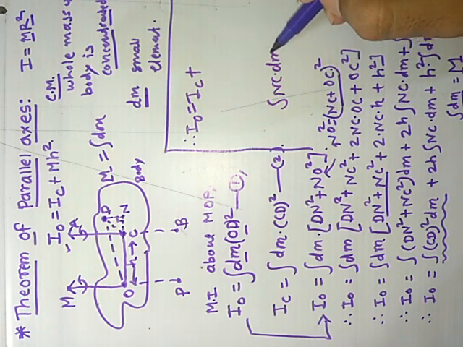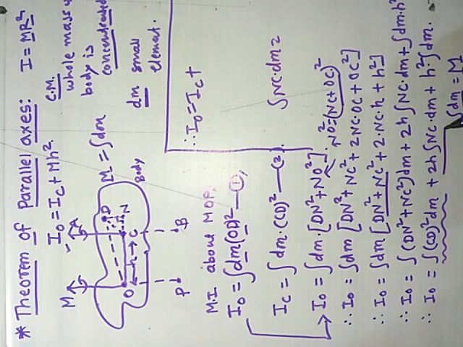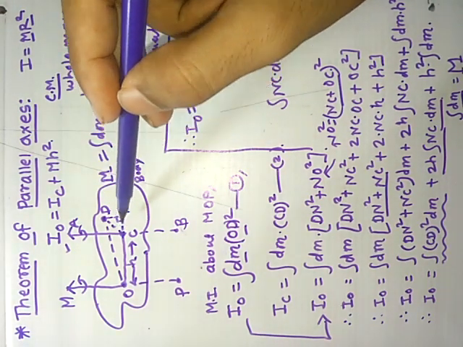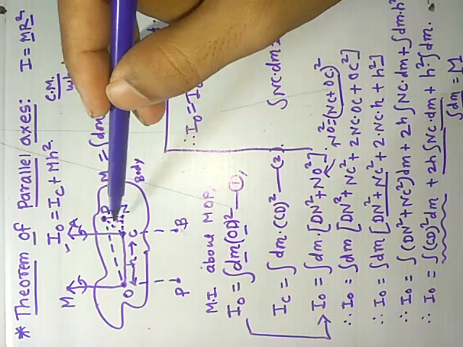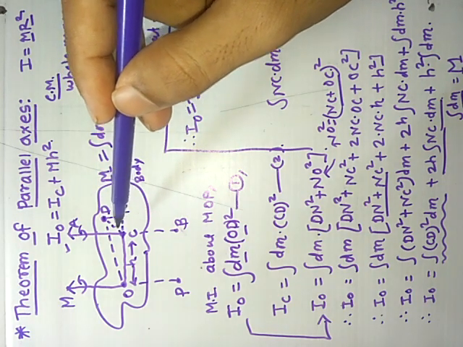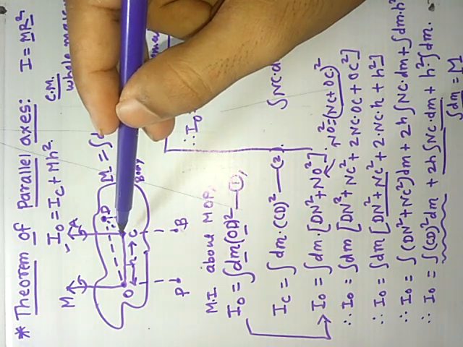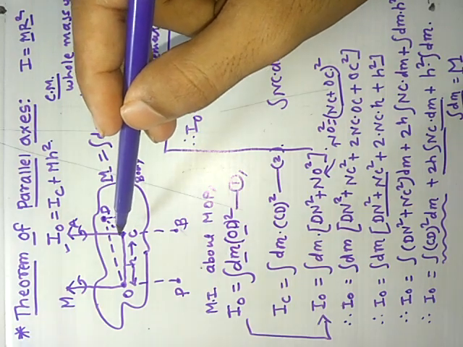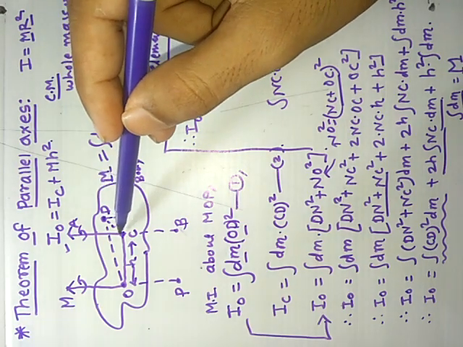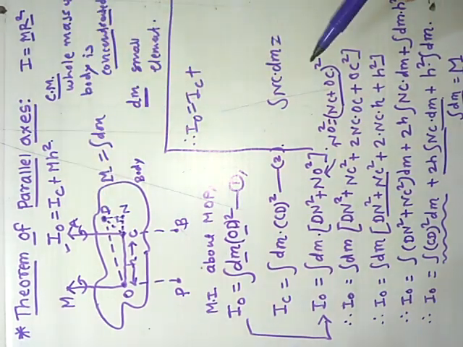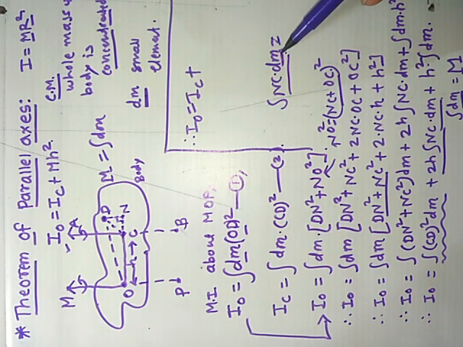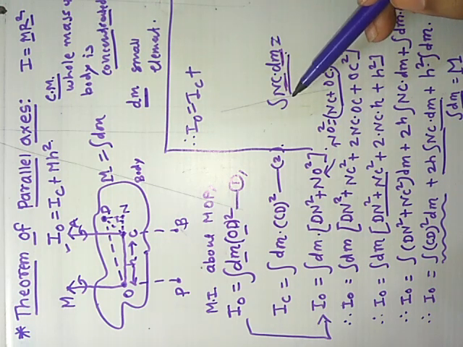NC into dm. So see this quantity in this equation, 2h into NC into dm is equal to what? So here in this case NC is a distance of this considered point from the center of mass point. So at here the center of mass point is a point at which the distribution of mass about that point is concentrated, or mass of that body is concentrated at a point C. This dm is a mass which is situated at a distance NC from the center of mass.